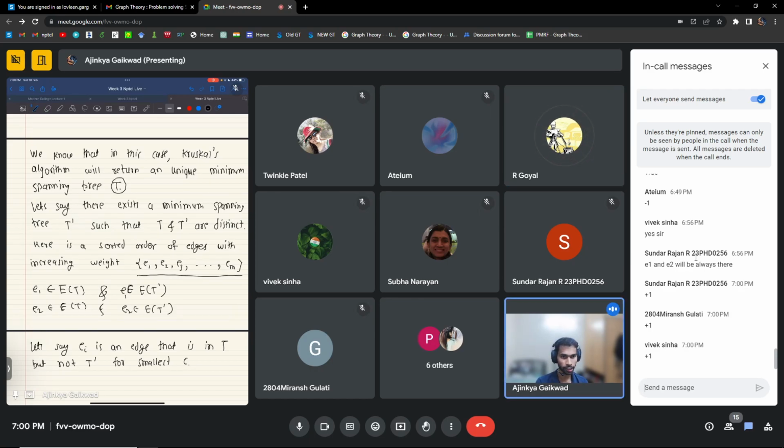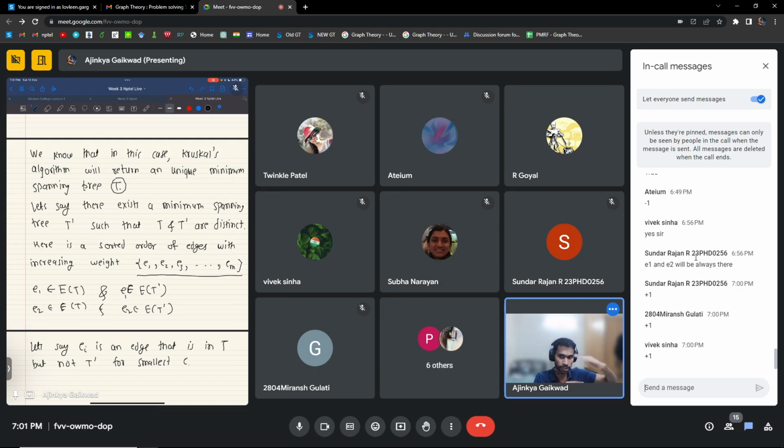Like you said, EI is the first edge in this sequence which is there in T, but not in T prime. What that means is, for any edge that appears before EI, like E1, E2, E3 up to EI minus 1, either it is there in both of them or in none of them.